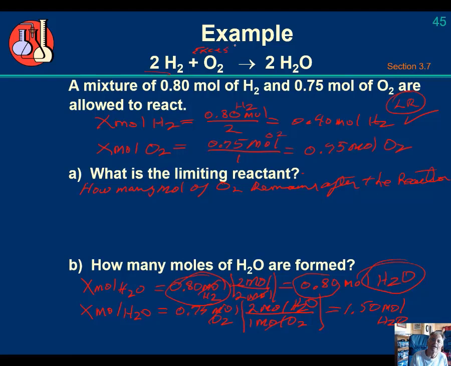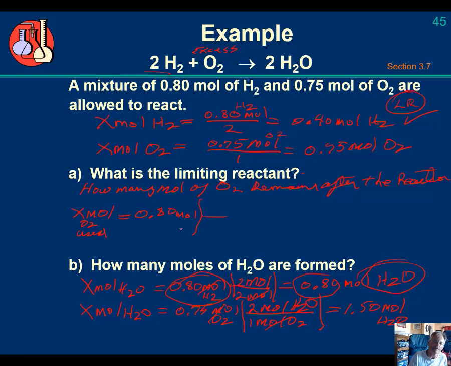So what we need to do is figure out how much we used and then simply subtract it from how much we started with. So how many moles of O2 get used in the reaction? And our limiting reactant, it's still the H2, which is 0.80 moles.